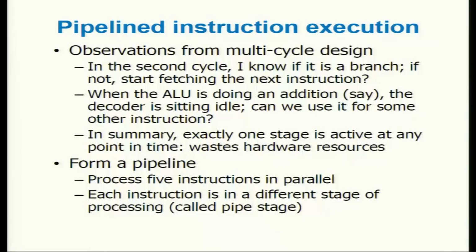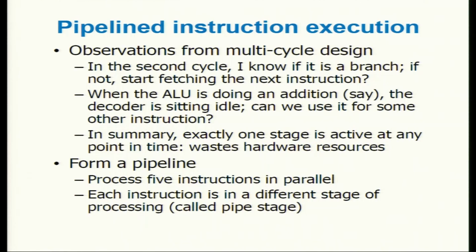Similarly, when the ALU is doing an addition, the decoder is not doing anything, because one instruction comes in, goes through all 5 stages, completes, and then we pick up the next instruction. So clearly only one stage is active at any point in time, and that wastes hardware resources.